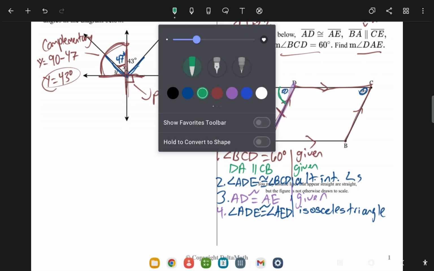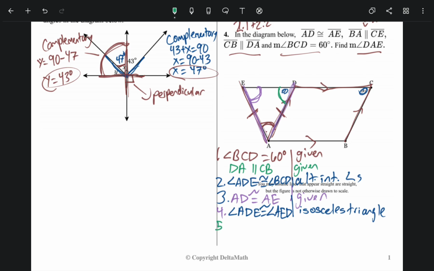Okay. Now, angle sum theorem says that all three angles equal 180. So we know 60 plus 60 plus angle DAE equals 180.